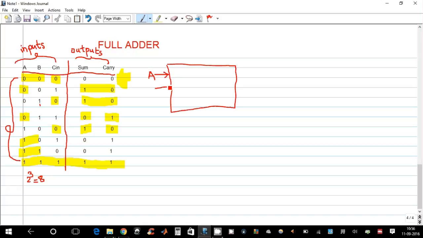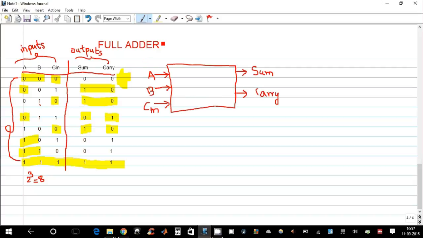One is A, one is B, and one is carry input. It has 2 outputs. One is sum and one is the carry. So let's see what logic this black box has.